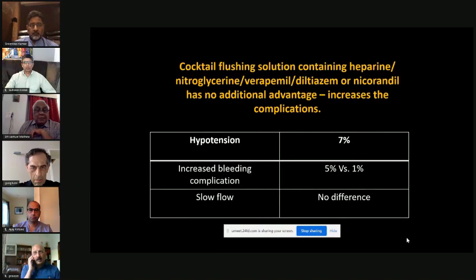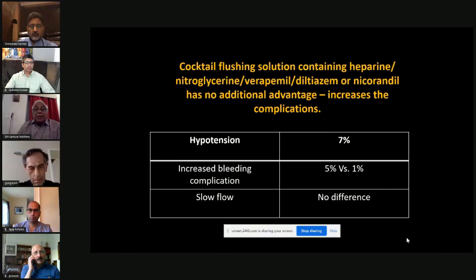Hypotension is a major hassle. Increased bleeding complications have been seen. Slow flow. These risks have been reduced, but all this endeavor to reduce slow flow, no flow has not changed with or without the flushing solution.